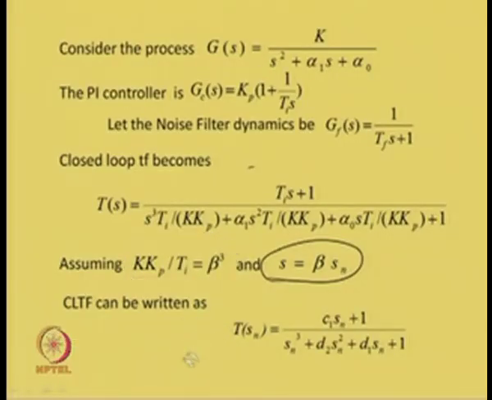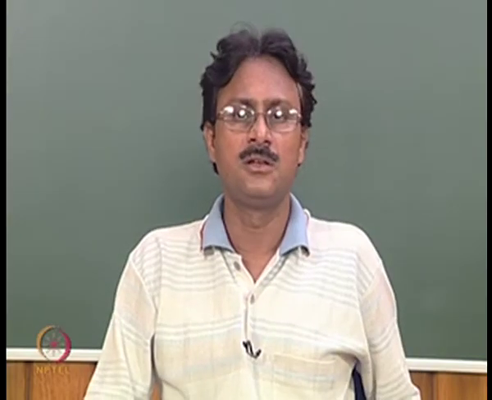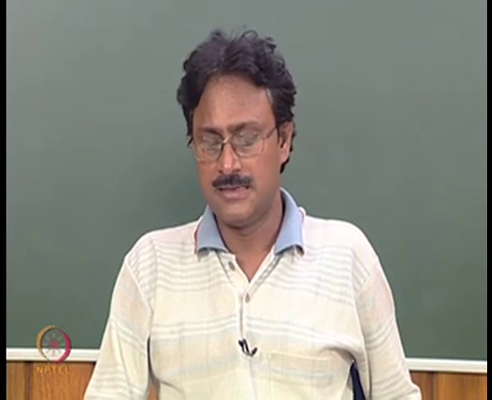Now, like the earlier case, with the help of simplification, it is not difficult to find explicit expressions for the two unknowns of the controller, Kp and Ti. Since we have Tf equal to Ti, there is need for estimating only two unknowns for the controller, Kp and Ti.